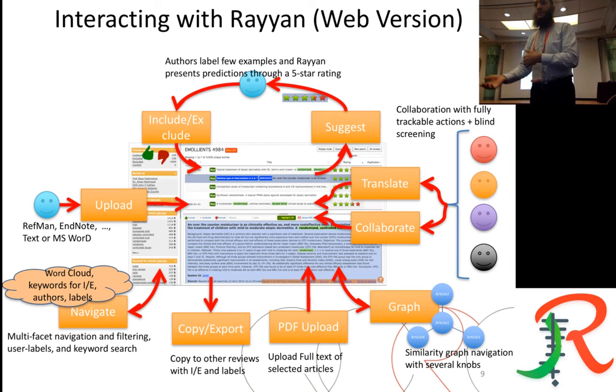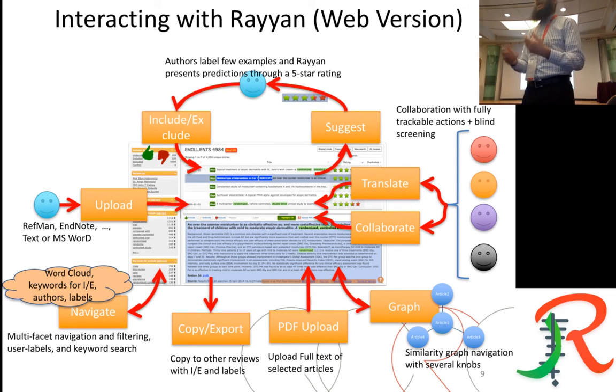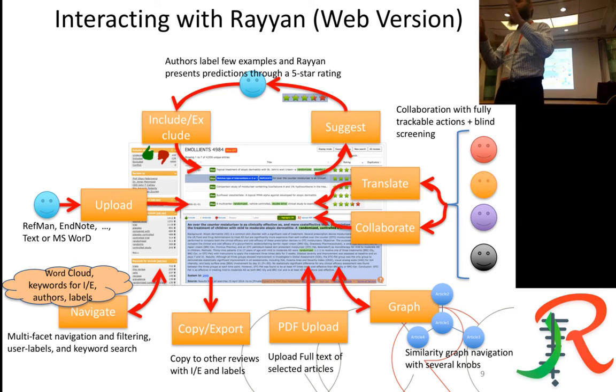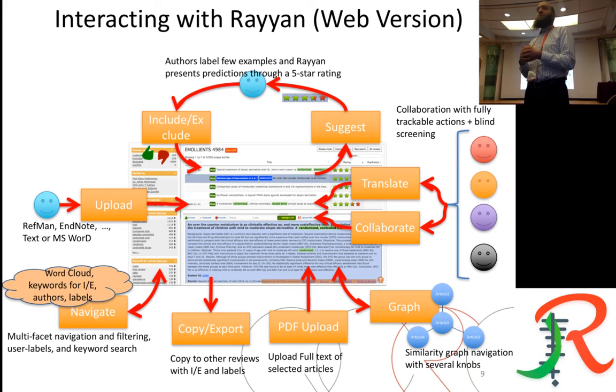There are other features like copying reviews or copying part of a review, exporting a review outside Rayyan, being able to upload PDFs, full text, and also being able to look at your data or your citations through a similarity graph, which tells you which things are more similar to others in a nice fashion. So this is basically in a nutshell how you interact with Rayyan.